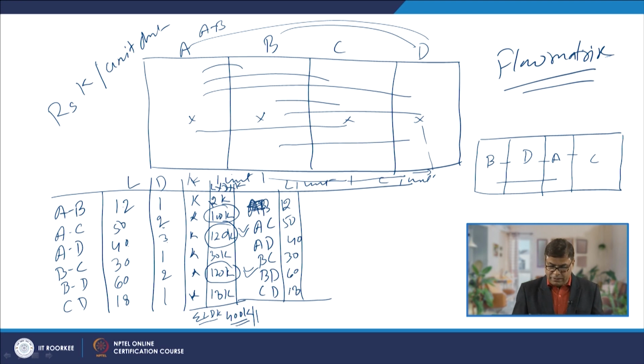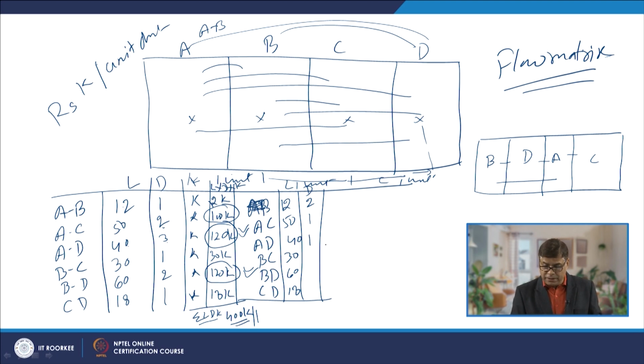18 movement. Then, because of the revision of the layout, distances to be travelled will get modified. AB distance has now changed from 1 to 2, and AC distance has reduced from 2 to 1. AD distance has been reduced from 3 to 1.